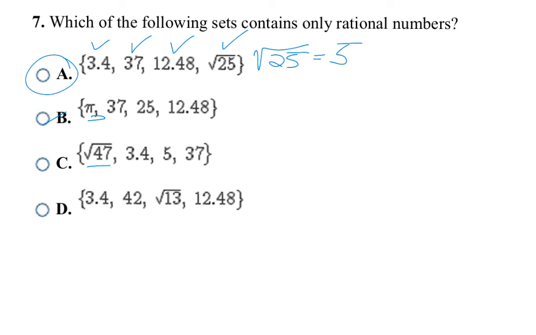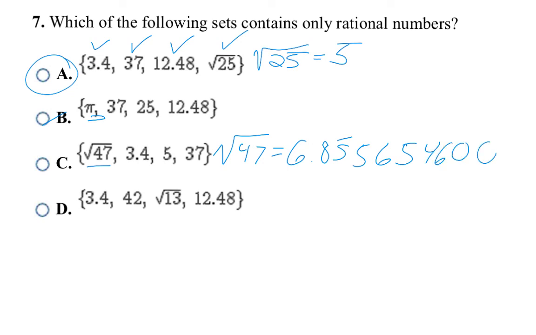C, I have a square root there that I need to check. That square root of 47, when you check that in the calculator, is a decimal that doesn't end. It keeps on going and going and going. And it fills up that entire calculator screen, and it could keep going, filling multiple calculator screens. So it can't be C.